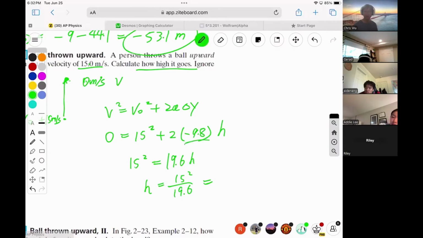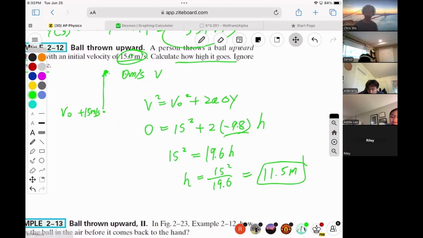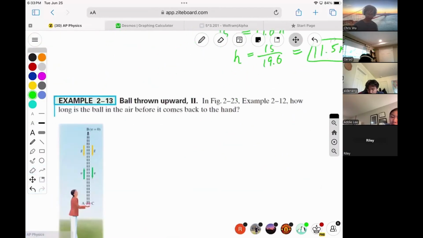So 15 times 15 divided by 19.6, I get 11.5 meters. If you throw a ball this fast upwards, it's going to hit about 11.5 meters above and then start falling down. Okay, all right, cool.